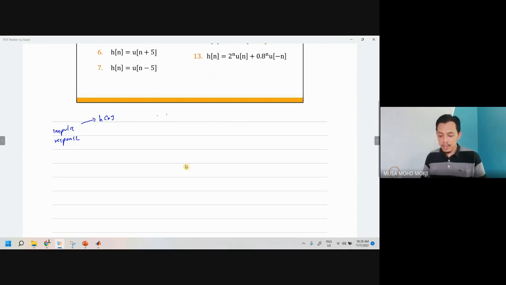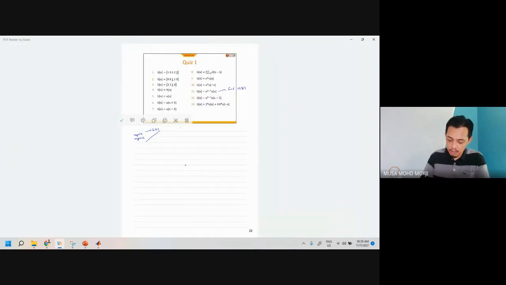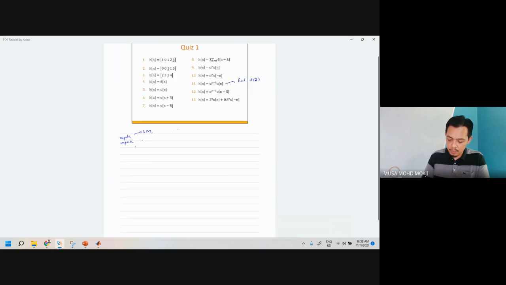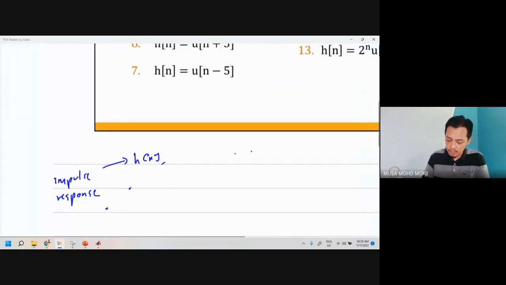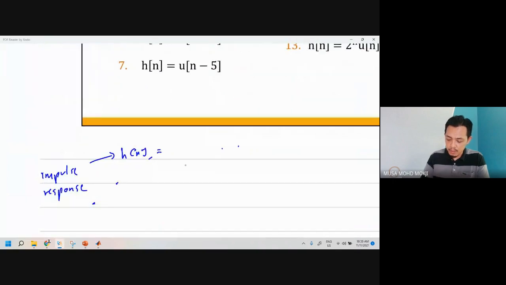Okay, so our h[n], let me write that again. h[n] is equal to alpha^(n-5) u[n].